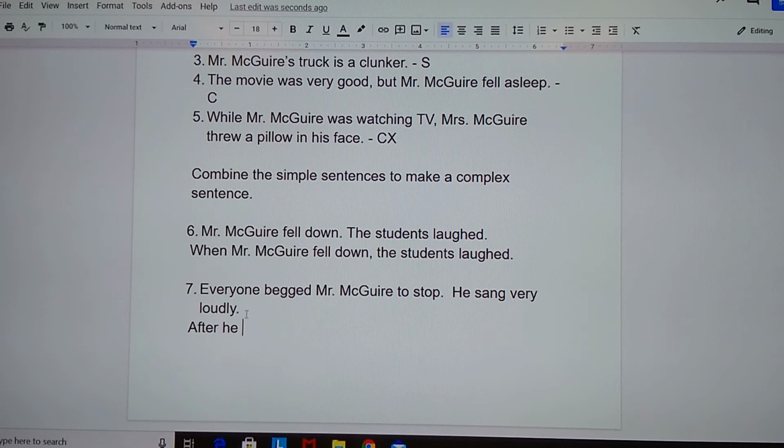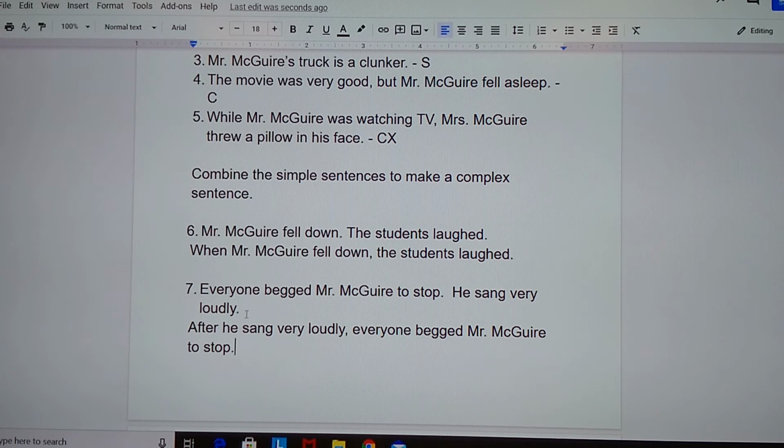After he sang very loudly, comma, everyone begged Mr. McGuire to stop. See how I changed it up a little bit? You can do that too. Just as long as it fits one of the patterns of a complex sentence, it has a correct joining word, and it all makes sense.